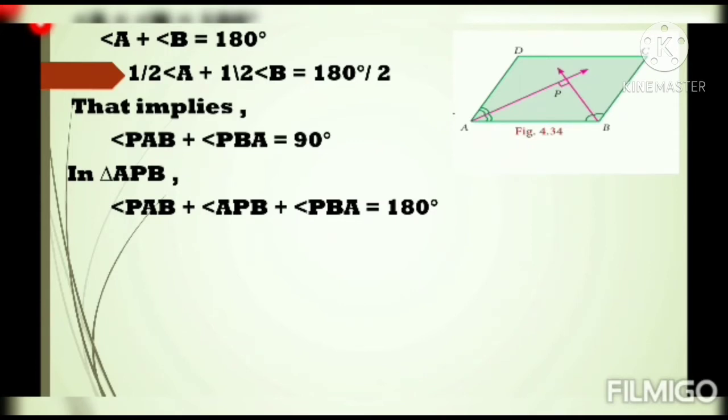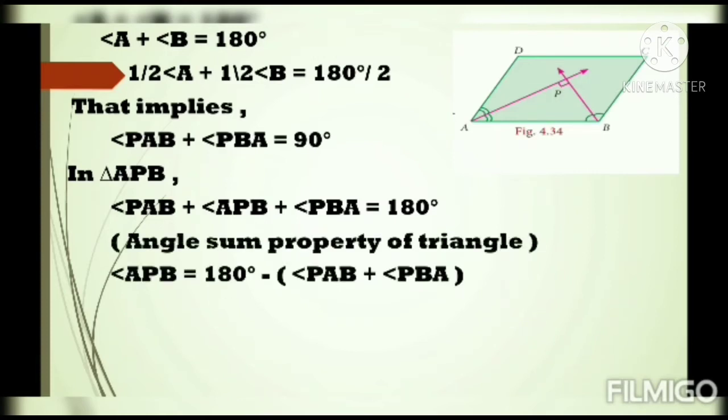So, in the triangle APB, the three angles are angle PAB, the second angle APB, and the third angle PBA. The sum of the three angles is 180 degrees. Here we have the value of angle PAB plus angle PBA equals 90 degrees. So, substitute the value of those two angles. Then we got angle APB equals 180 degrees minus (angle PAB plus angle PBA).